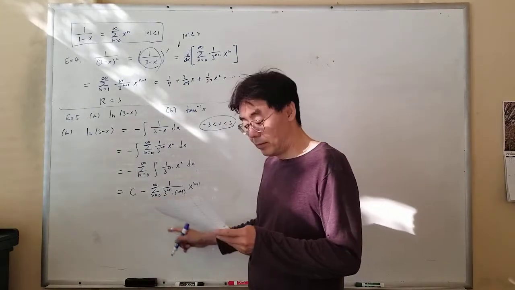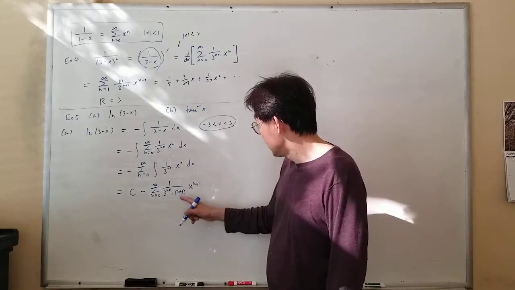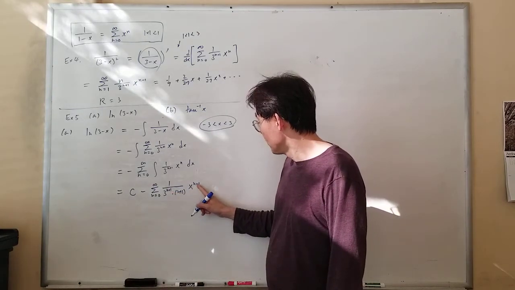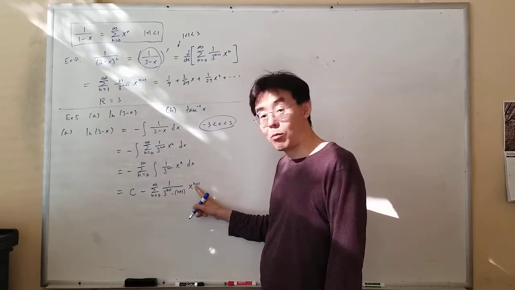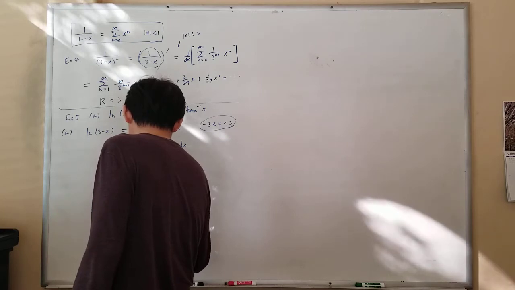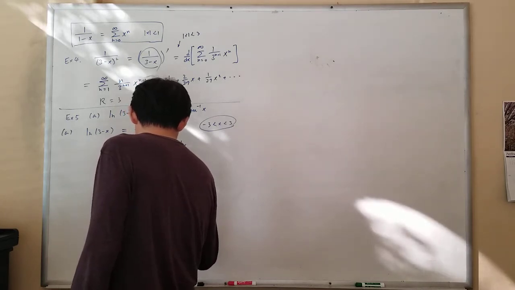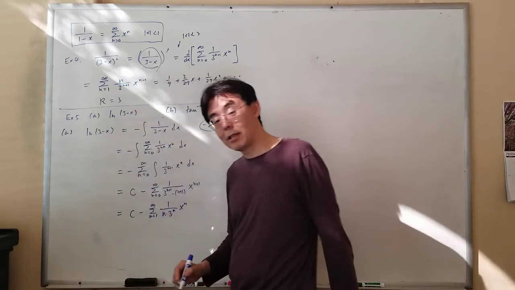Now, n plus 1, n plus 1, n plus 1, everything's the same. Starting from 0 means these numbers start from 1. So if you want, you can write it as the sum from n equals 1 to infinity of 1 over n times 3 to the n, x to the n. You can write it that way.